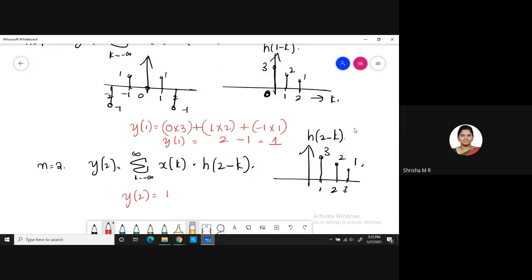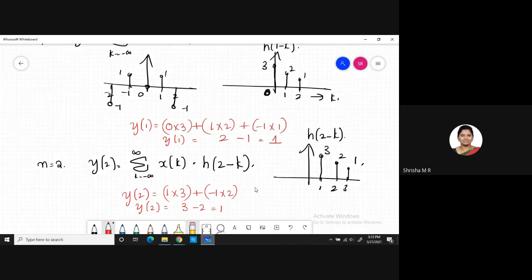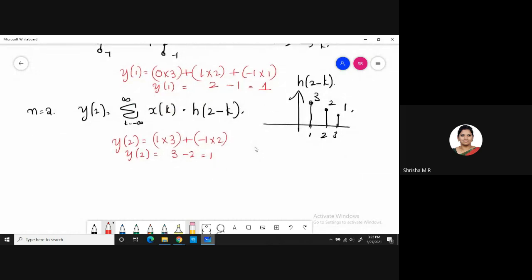At 1 you have 1 into 3, and at 2 you have -1 into 2. So 3 minus 2 is 1. So y of 2 is 1. Got it, everyone? Clear?